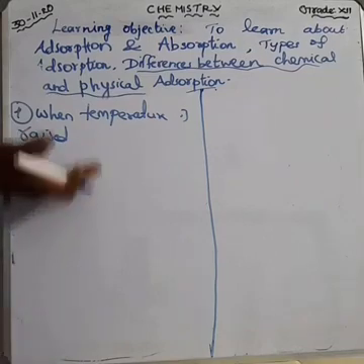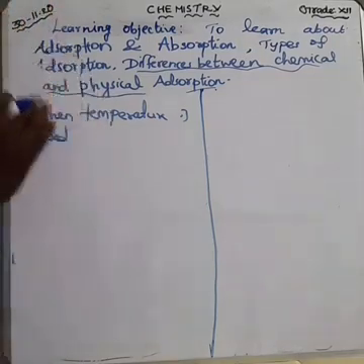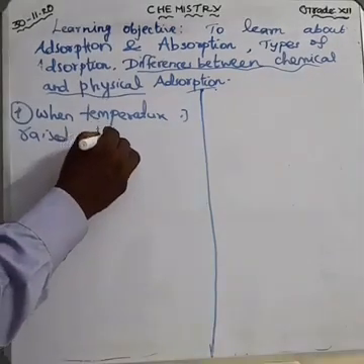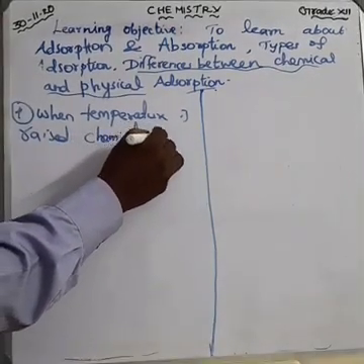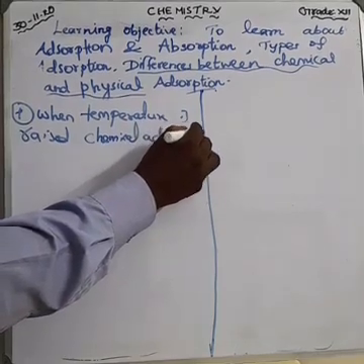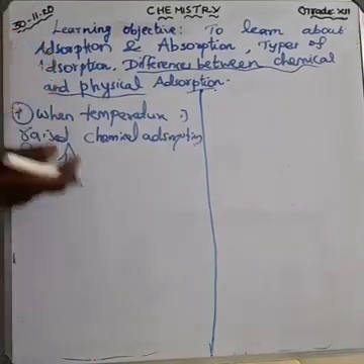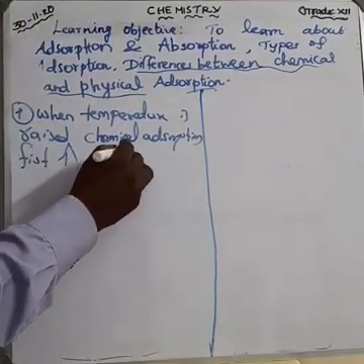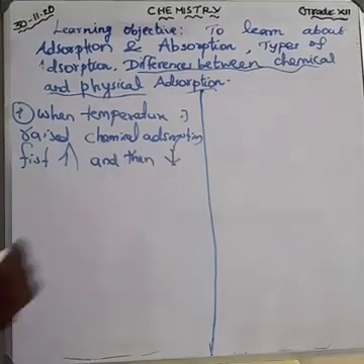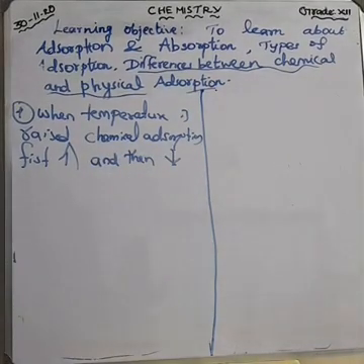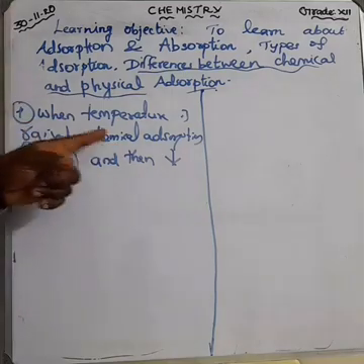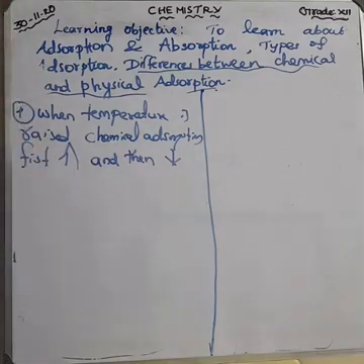When the temperature is raised, chemisorption, that is chemical adsorption, first increases and then decreases. Clear? What is about the fourth point of chemisorption? When temperature is raised, the chemical adsorption first increases, then decreases.